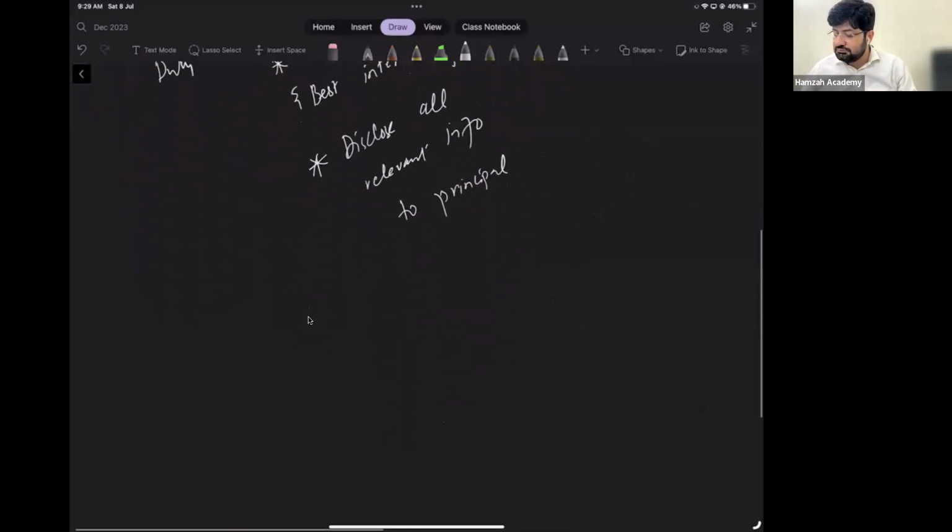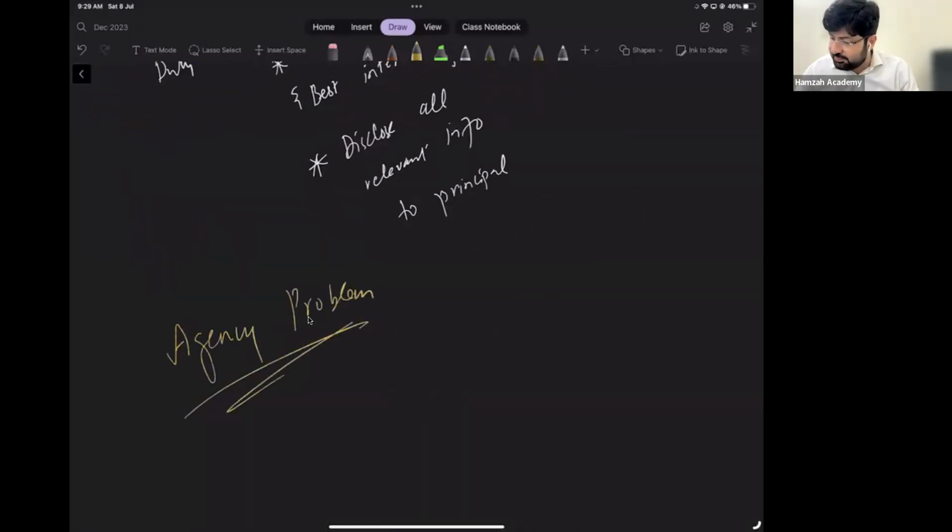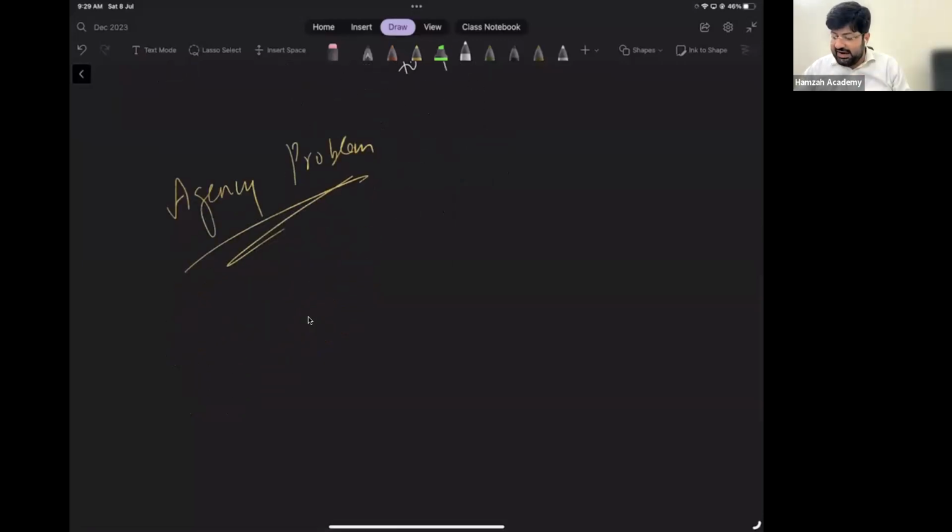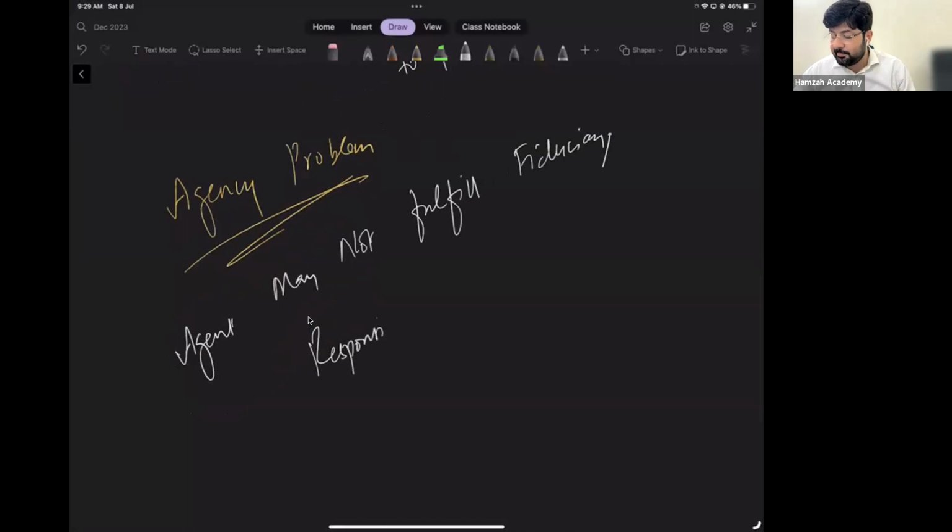Now, here arises the agency problem. What is the agency problem? The problem is that the agent may not fulfill the fiduciary responsibility. This is a risk. The agent may hide things from me, the agent may not disclose information to me.